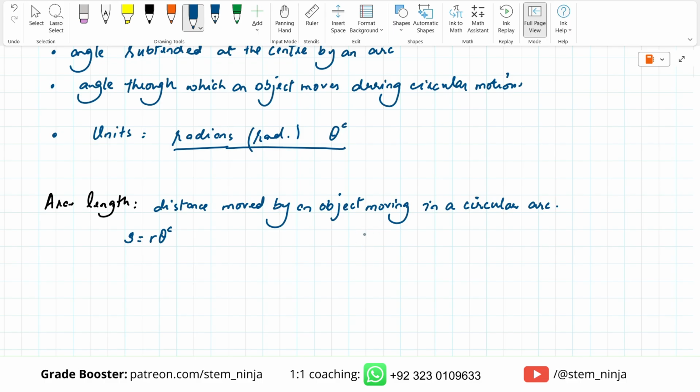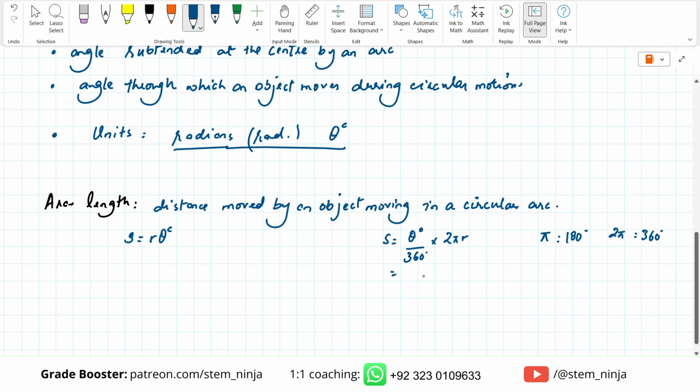Okay, so you could also remember the IGCSE rules for this. For example, if you have angles in degrees, you have degrees divided by 360 times 2 pi r. However, we know that pi radians represents 180 degrees, or 2 pi radians represents 360 degrees.